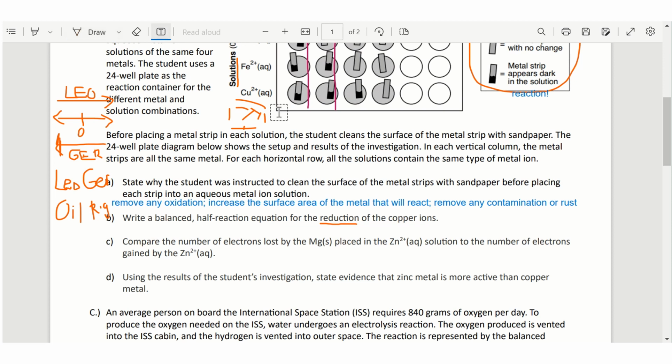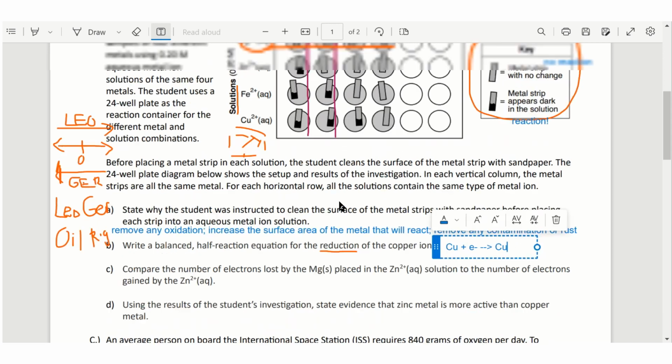So I can set this up. I'm not going to be complete, but what I can set it up as, I know the symbol for copper is Cu, right? I know in order to be reduced, it has to gain electrons. All right. And then I have to have copper on the other side because I have to have conservation of mass.